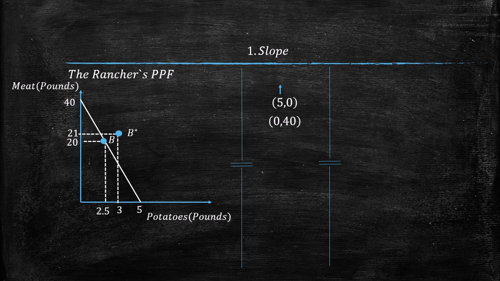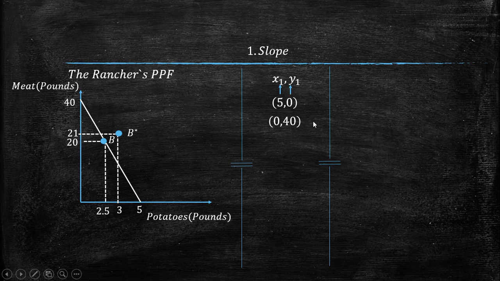First, I'm going to take the last result, the B star, where the rancher is going to be better off. But how do I get these numbers? First, this is the production possibility frontier, for which I just need 2 pairs of points: 5, 0 and 0, 40.